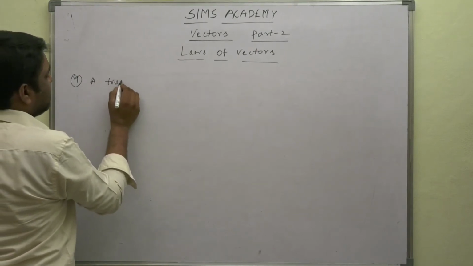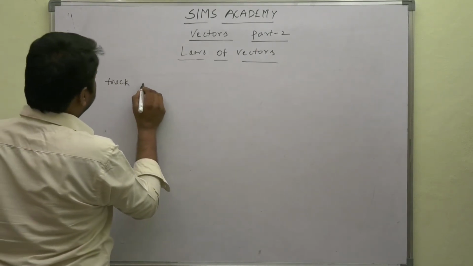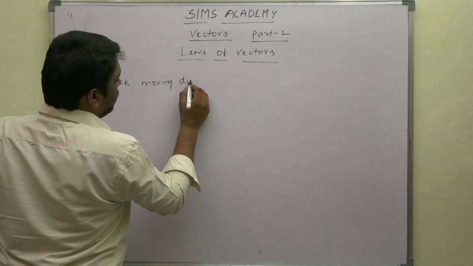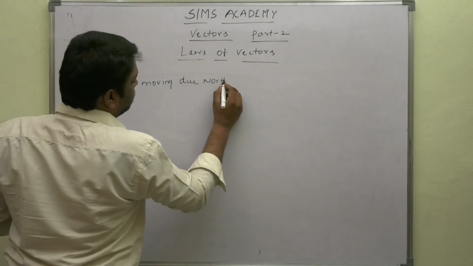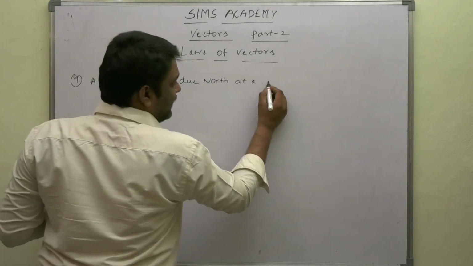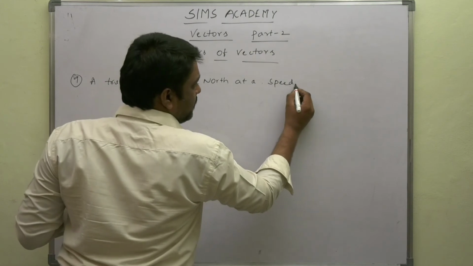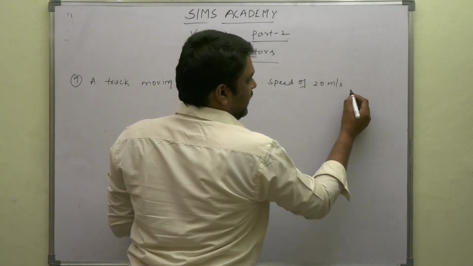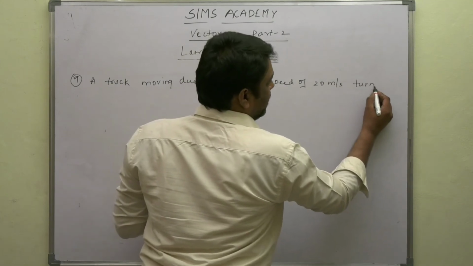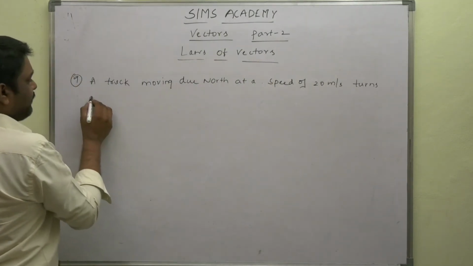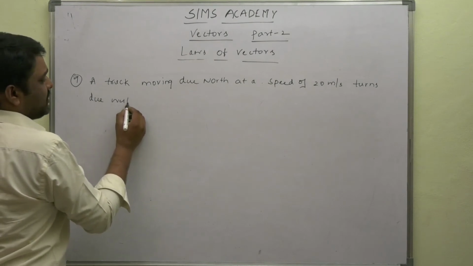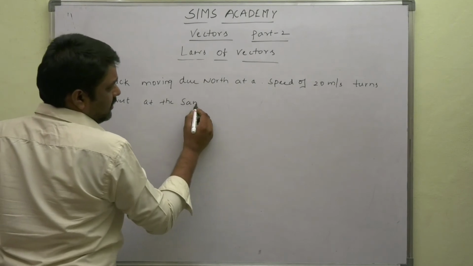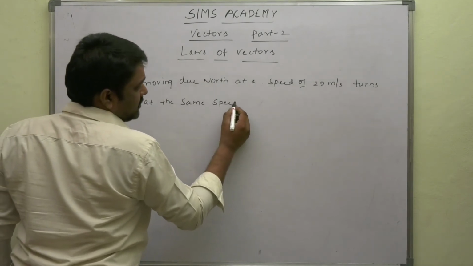A truck moving due north at a speed of, let us say, 20 meters per second turns due west at the same speed.